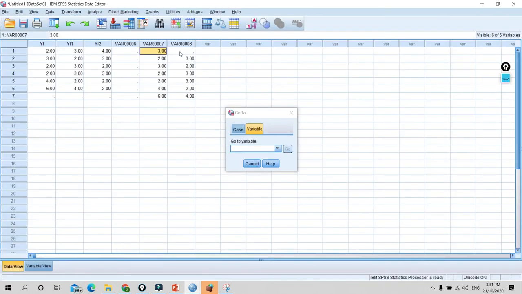Okay, this is the data. Here is yi, and this is yi minus 1.